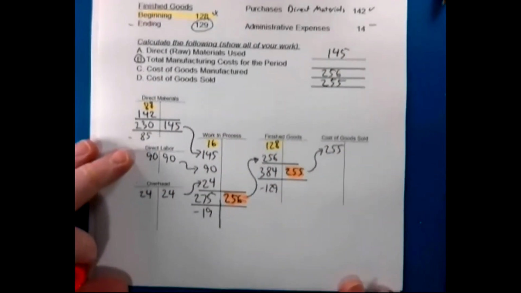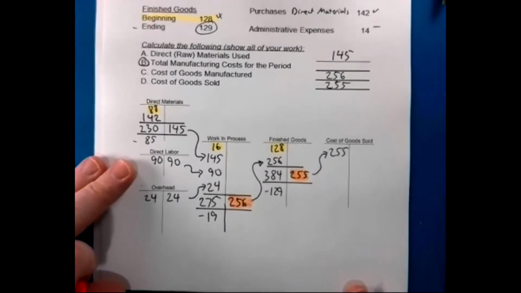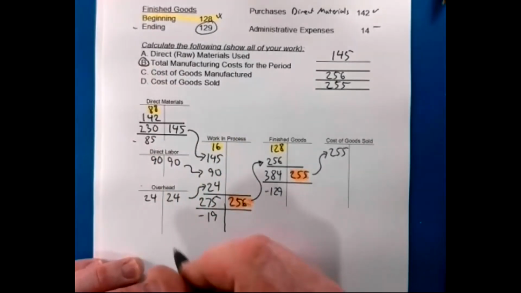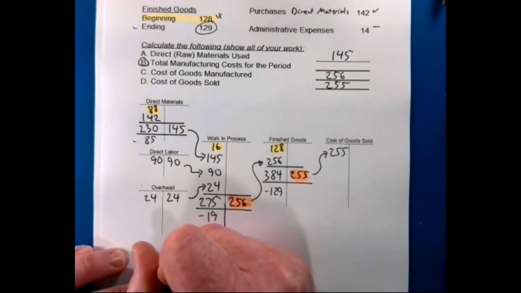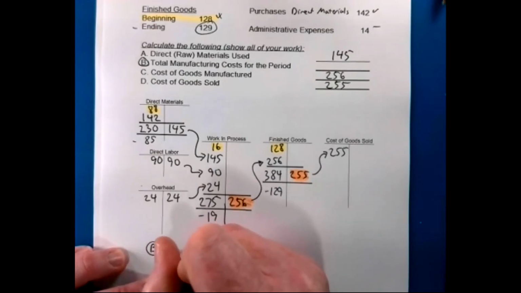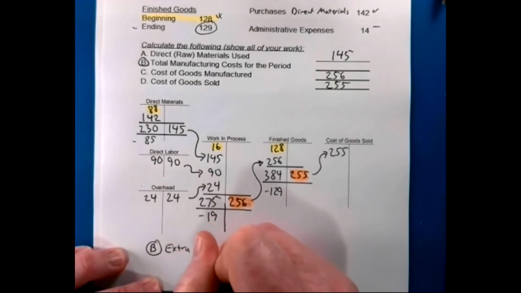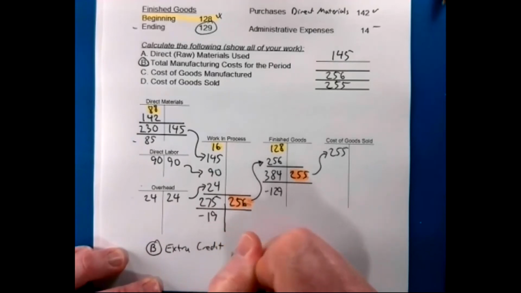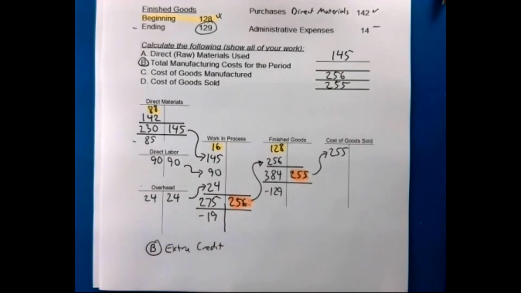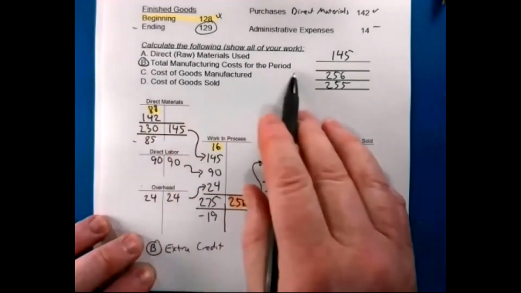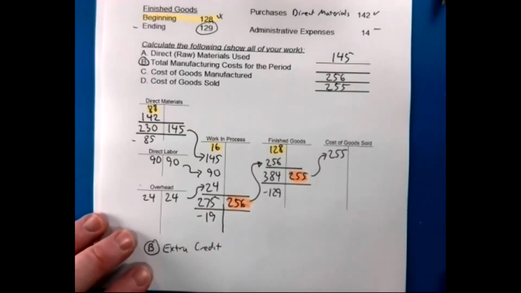So this will be extra credit on the test. So on the exam, this will be extra credit, and that is for B. Okay, so B says, what are the total manufacturing costs for the period?